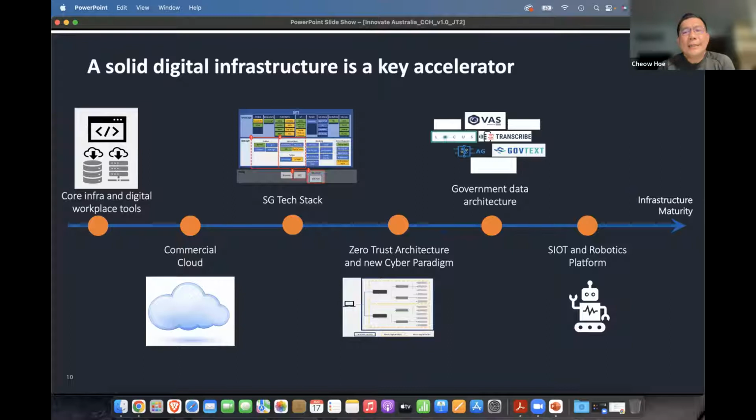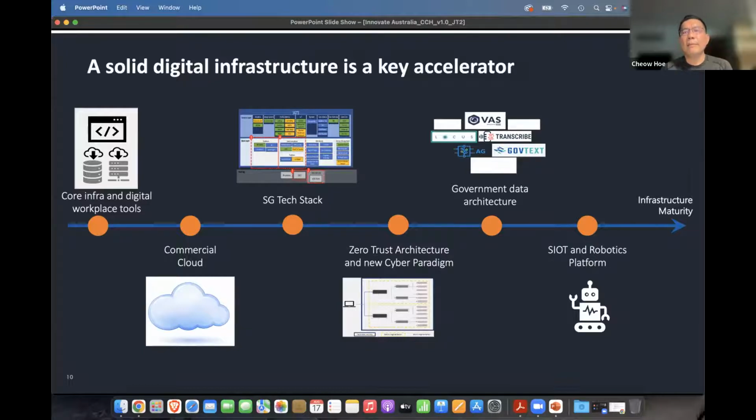At the end, it's really building a solid digital infrastructure. And that consists of core infra and digital workplace tools, the tech stack I mentioned, commercial cloud, and adopting a very different cybersecurity paradigm, very much away from the old style of let's build a high wall and perimeters, to more and more a least privileged zero trust architecture that will really help us scale better.